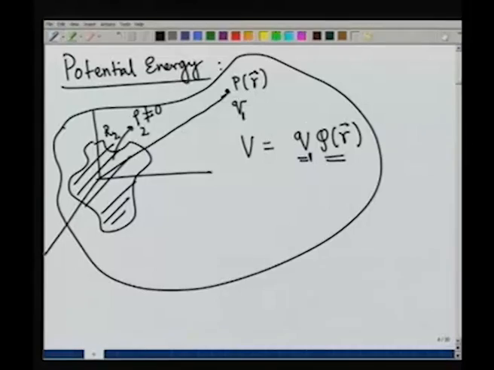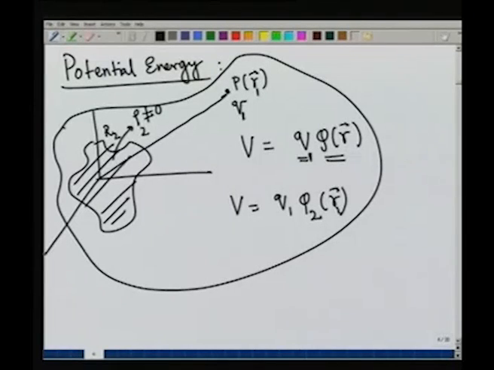My region is also R2, therefore my V can be written as Q1 phi 2 of R. I hope everyone understands what I mean. What I mean is that the charge Q1 is seeing the potential produced by the distribution 2. Of course, the potential is produced at the location of the charge Q1. That is the statement that we are making.